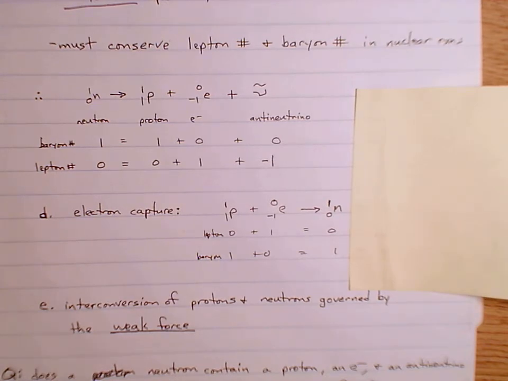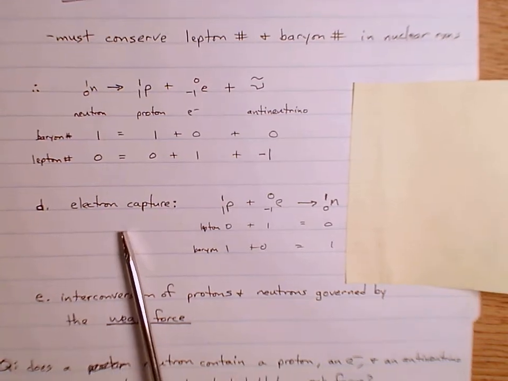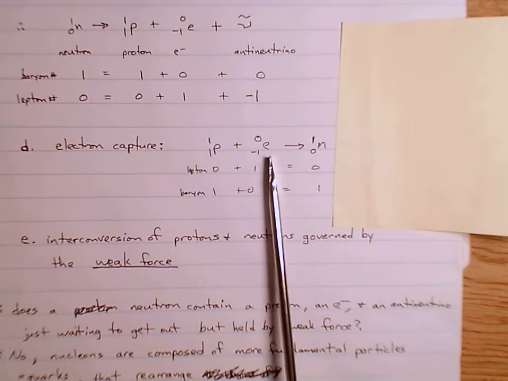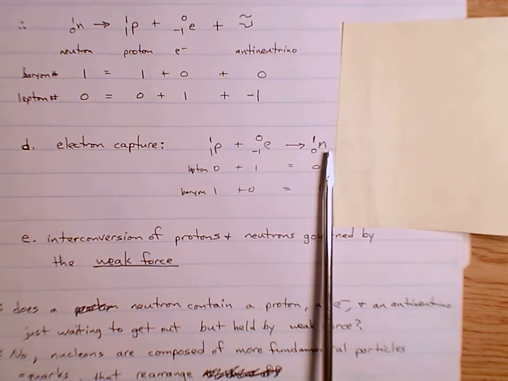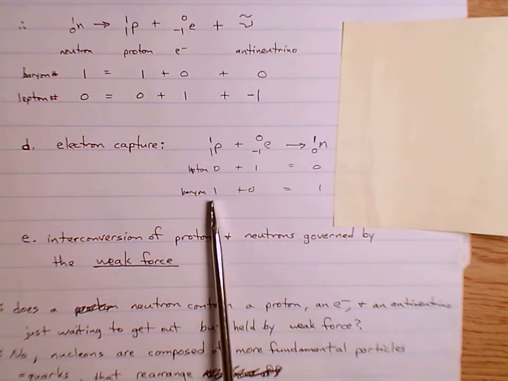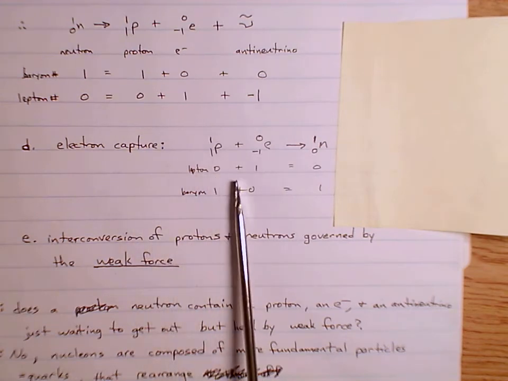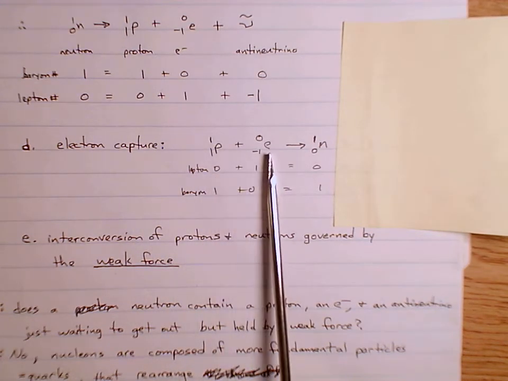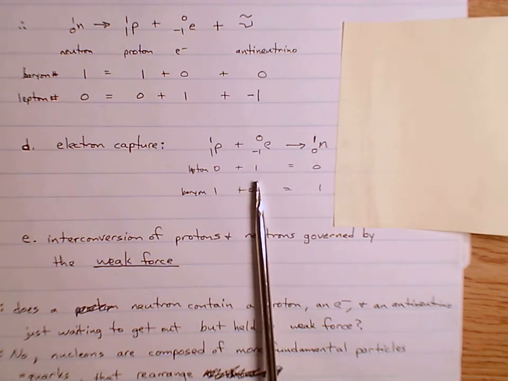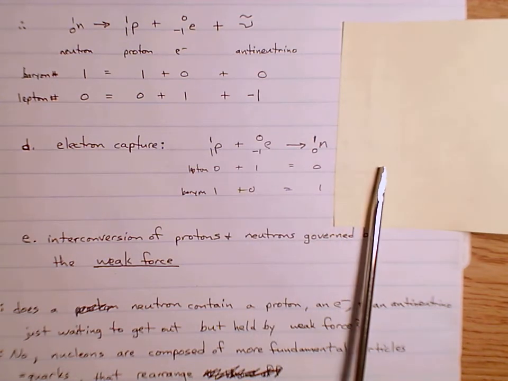Note, here we have electron capture. Here a proton captures an electron to become a neutron. Note our baryon numbers are going to work out. Proton is 1 and neutron is 1, but our lepton numbers don't work out again. We've captured this electron here, which gives us a 1, but what else has to be given off on this side?